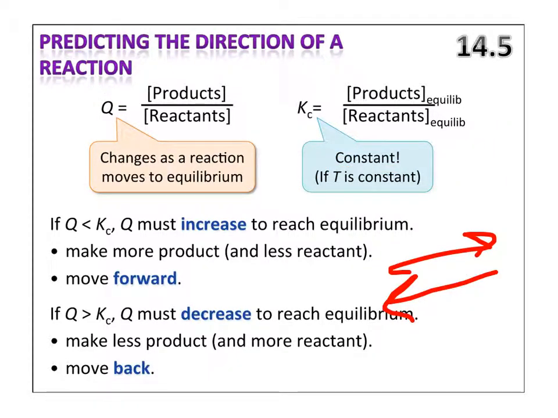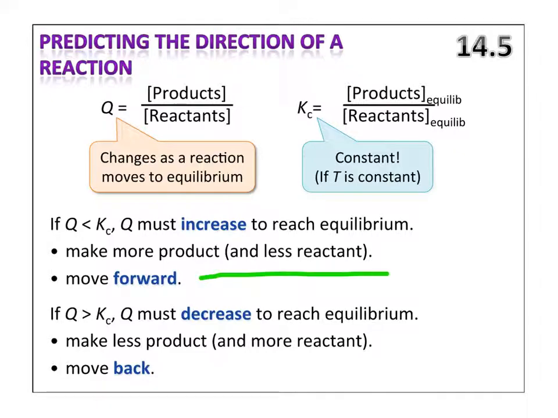So if this is K, it's really Kc, but I'll put the C right there, and Q's here. If we increase Q, we're going this way, so we're moving in the forward direction to the right, and then here's the equilibrium, and we're good.